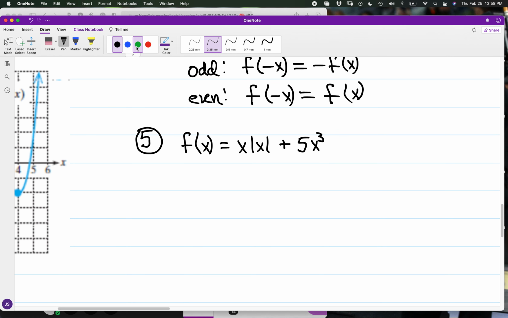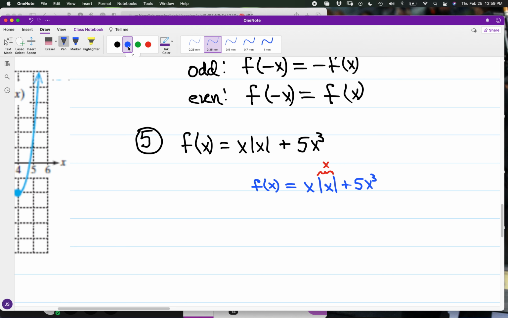So testing out f of x: x times the absolute value of x plus 5x cubed. With x non-negative, the absolute value of x is going to be x.